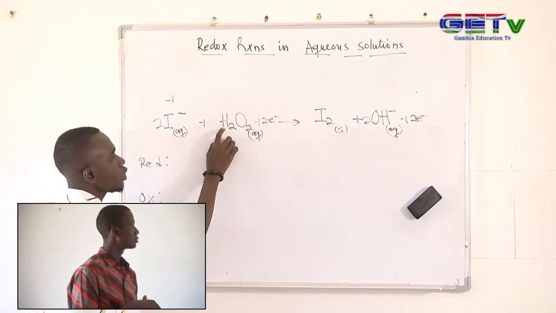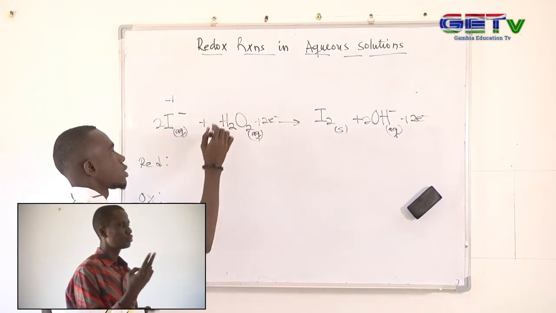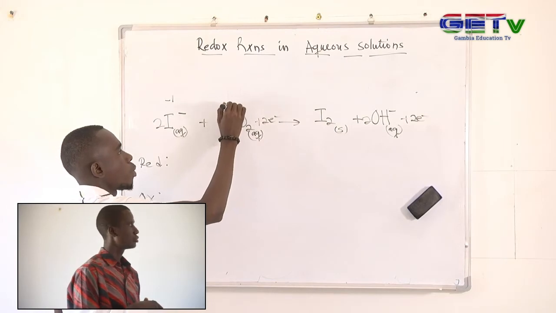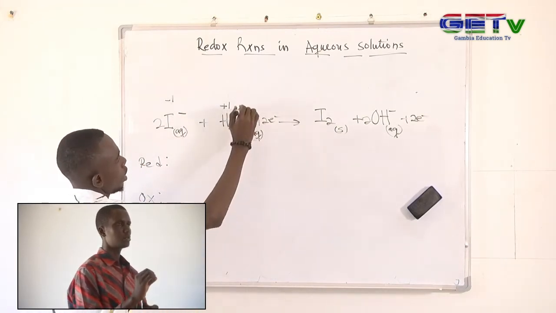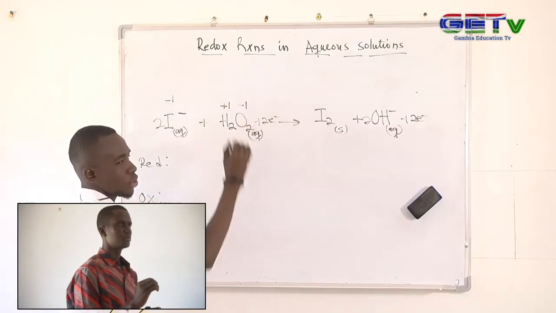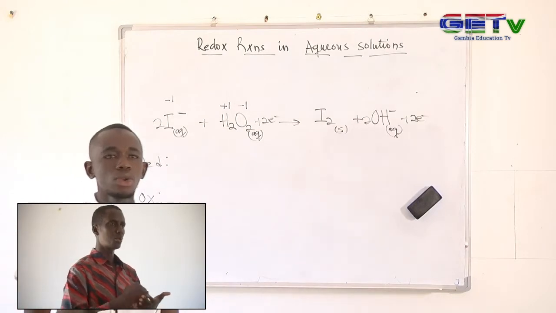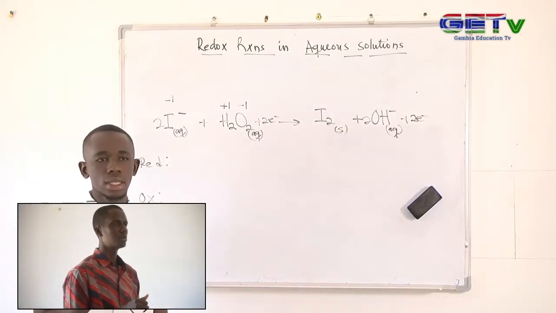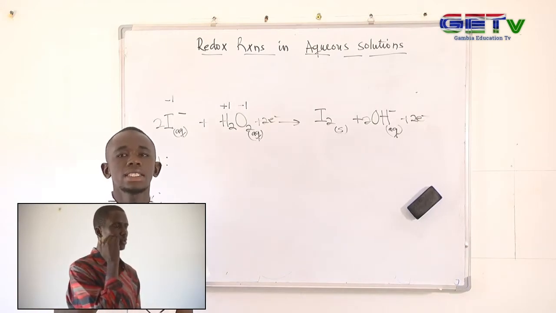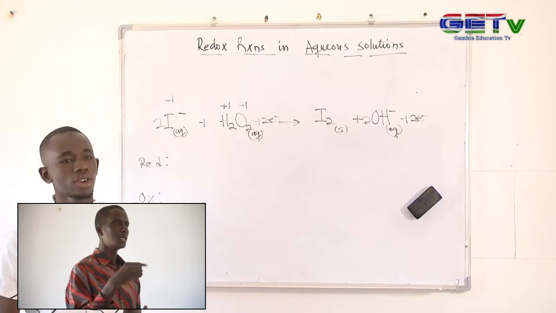Hydrogen is plus 1, while oxygen is minus 1. Yesterday, when we were discussing the rules, we said oxygen is always negative 2 except in peroxides, where it is minus 1.